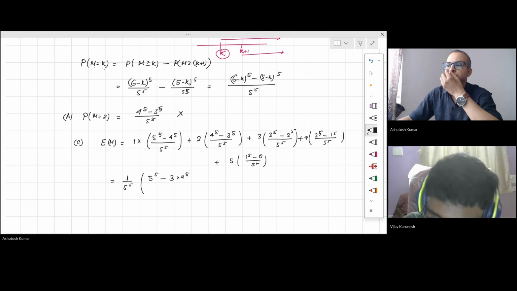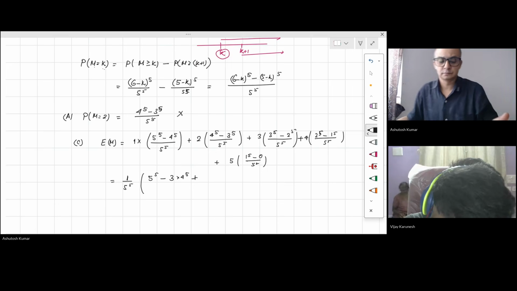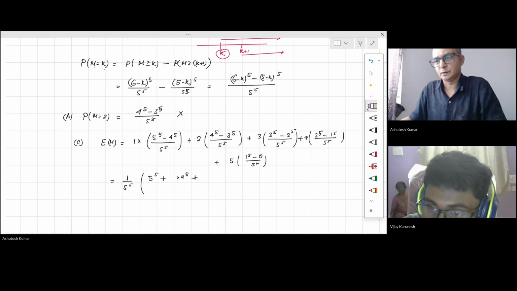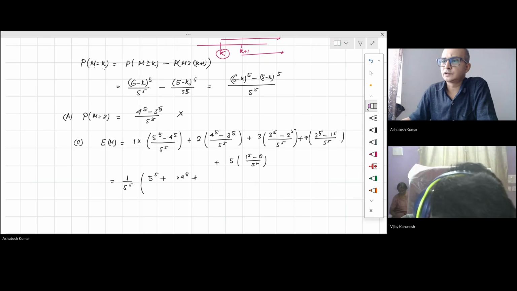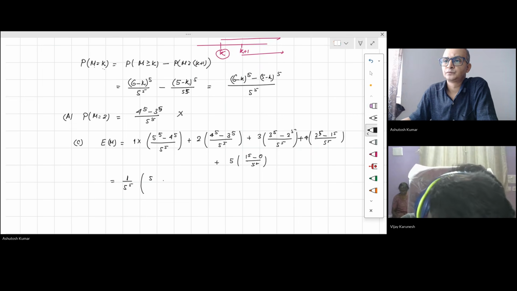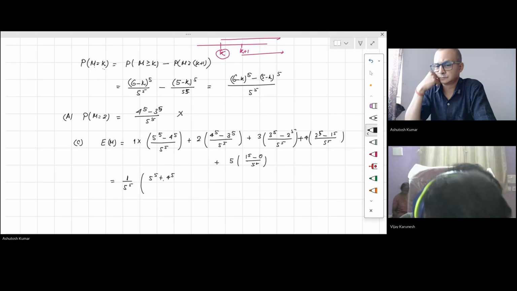And then 2 minus 1, this is 1, no? Okay, 1 times 4 to the power 5. Then 3 minus 2, again 1 times 3 to the power 5.